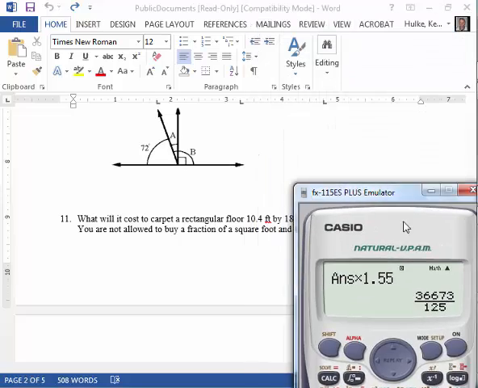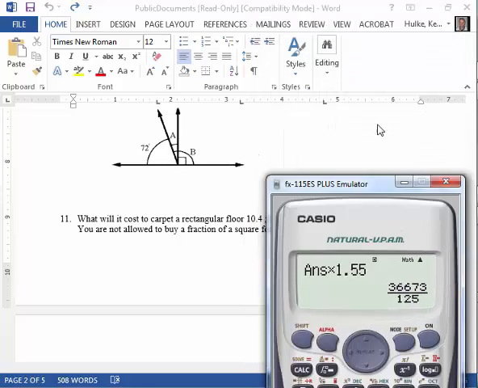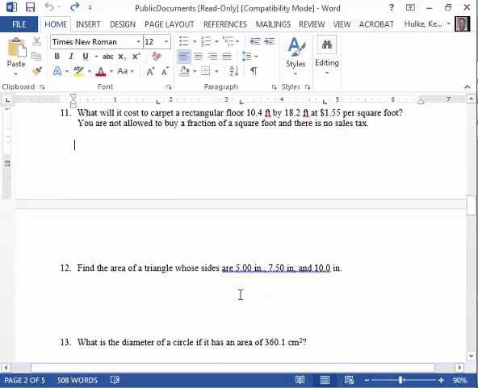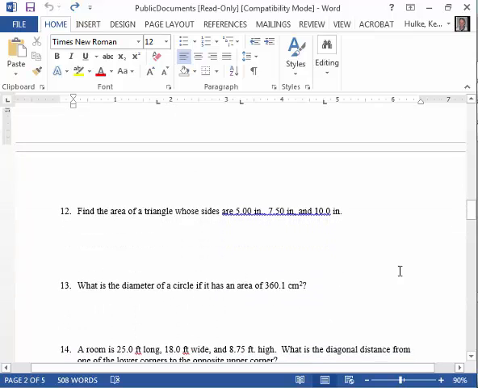It says you are allowed to buy a fraction of a square foot and there is no sales tax. Really? I didn't know that. $293.38. Maybe they wanted you to not have to worry about calculating that, because carpet is taxable.